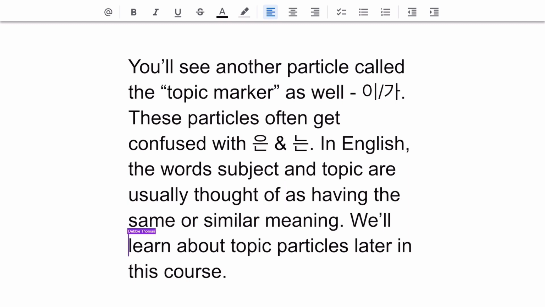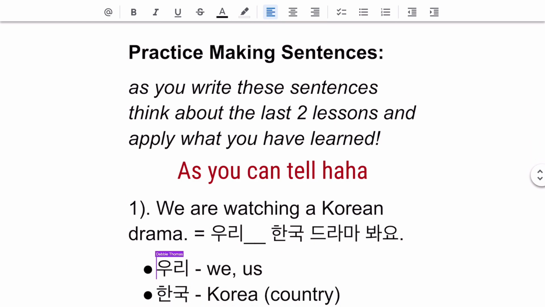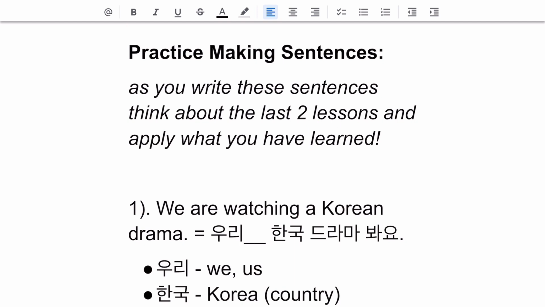They tell us what the topic is or what or who the subject is. We'll get back to that later on in the course because we're going to see a lot of different sentences and we'll start using 이 and 가 eventually.